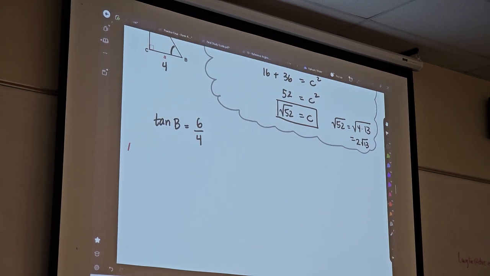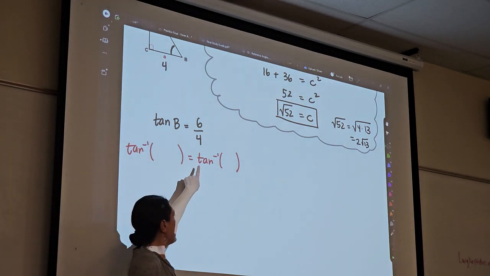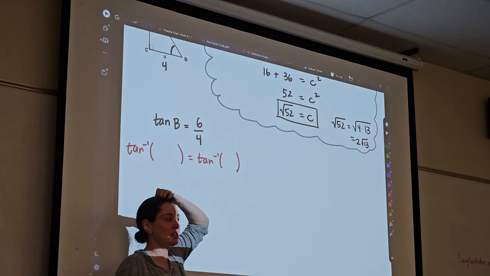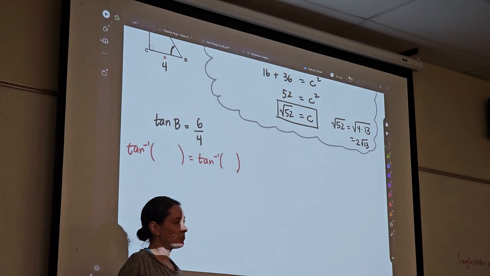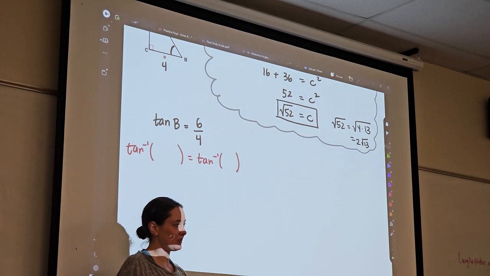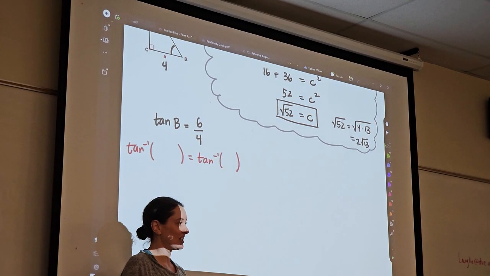I'm going to undo tangent on both sides. I hate this notation. Why do I hate tan with a -1 as notation? Because people think it's reciprocal of tangent. They think it's an exponent.